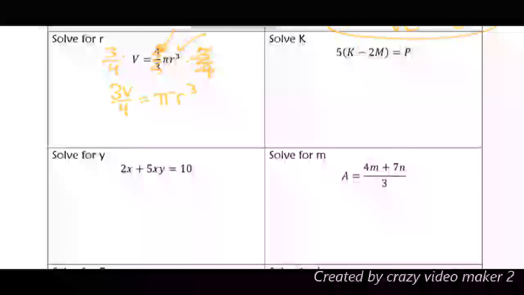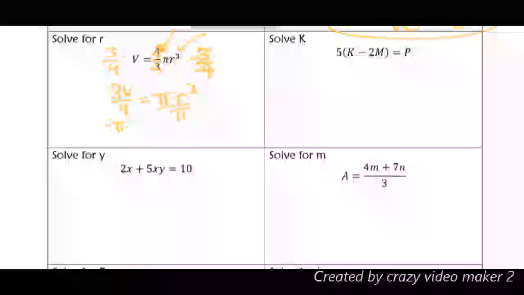Now I have multiplication times pi, so I'm going to divide by pi on both sides. When I divide by pi on both sides, you could show that as a big fraction over a fraction, but I don't really want to see it like that. Dividing this fraction by pi is the exact same thing as just putting the pi in the bottom of the fraction.